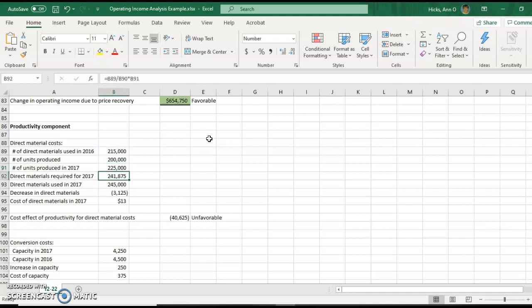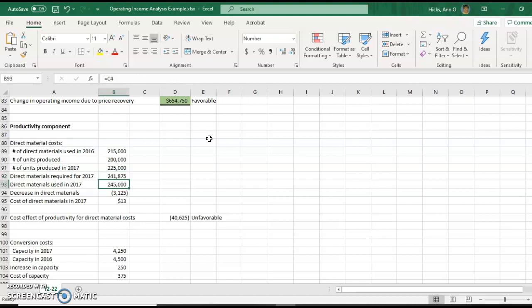Now, in the initial component, we had calculated that to meet our 2017 requirements at the rate that was in place in 2016, we would have needed 241,875 t-shirts.